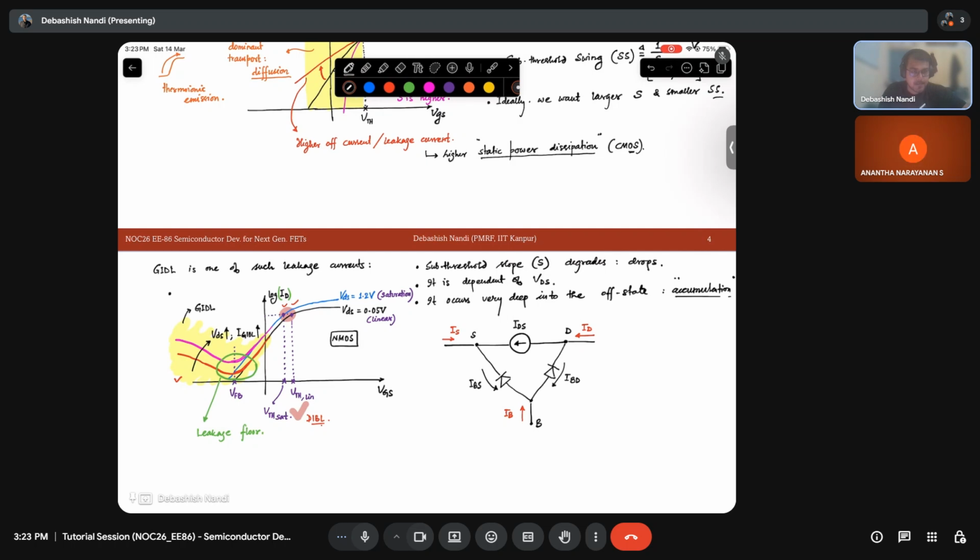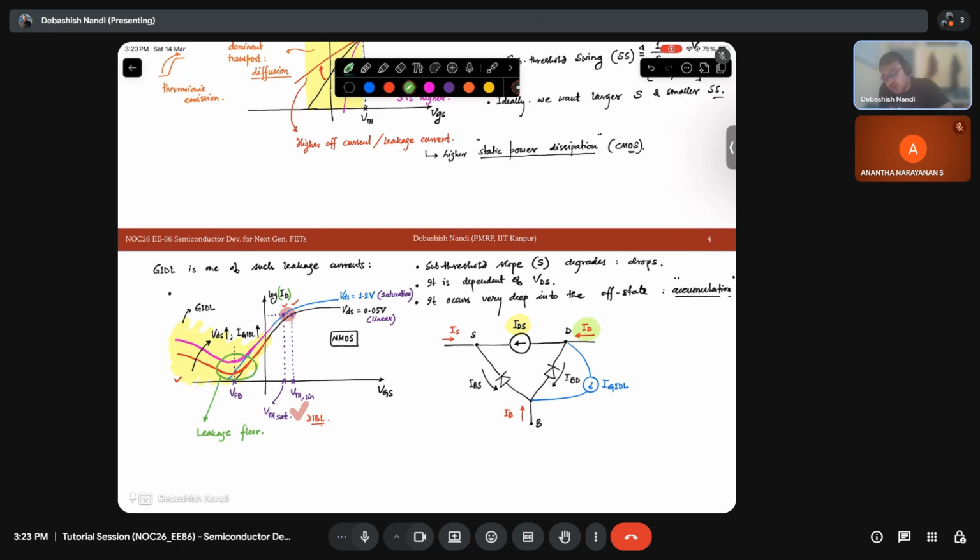So IDS and ID are two different quantities. There will be other current sources connected to this; for example, gate induced drain leakage will add another current source.